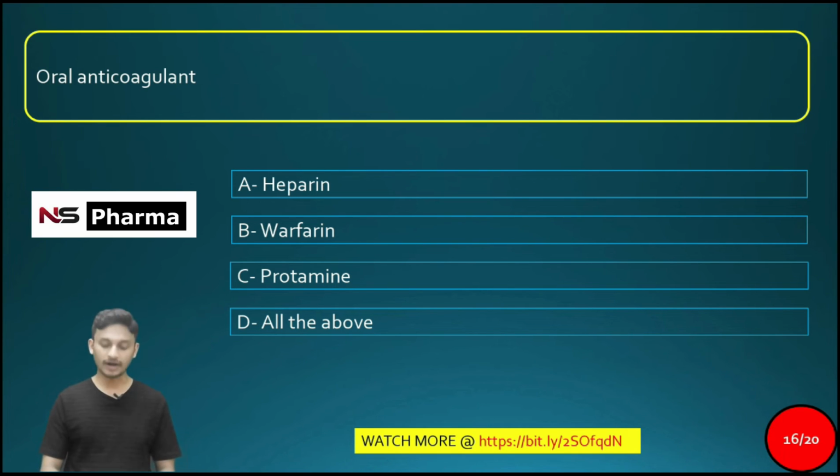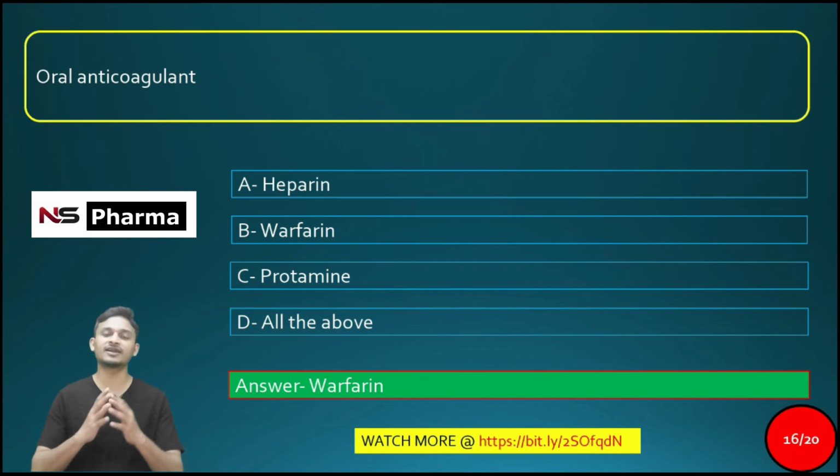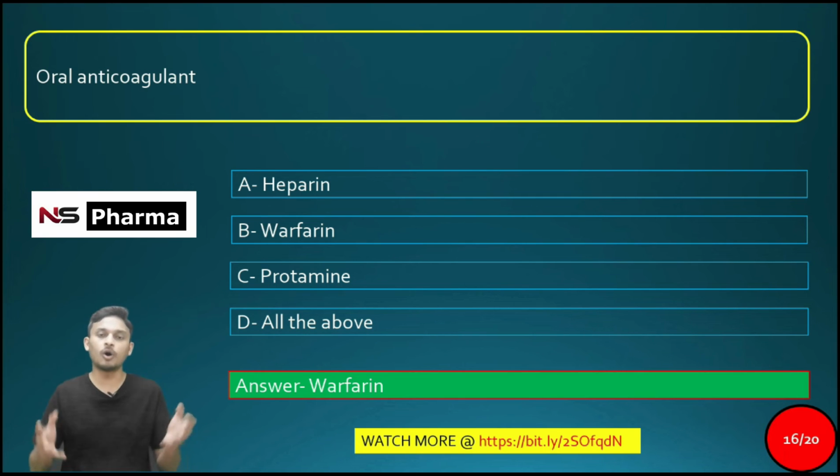In this list, warfarin is the only anticoagulant which is active orally. Heparin is a parenteral anticoagulant. What about protamine? Protamine is not an anticoagulant, it is the antidote of heparin. Protamine sulfate is the antidote of heparin.